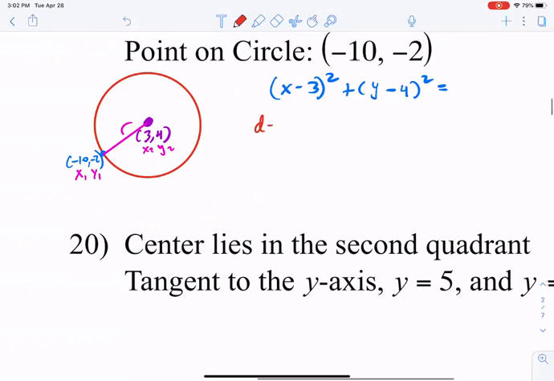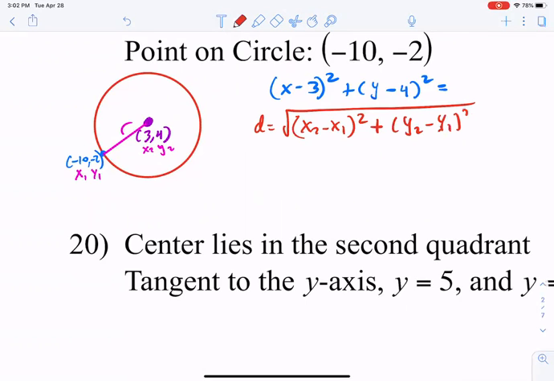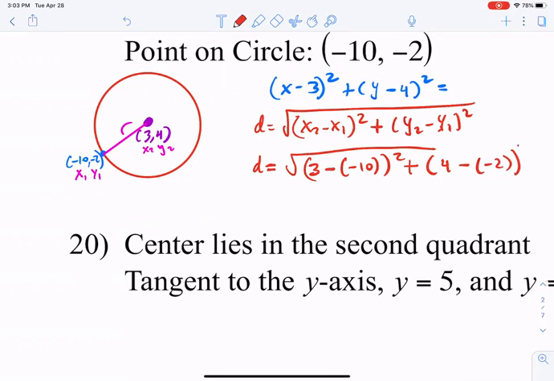So if I use my distance formula, the square root of (x2 - x1)² + (y2 - y1)². Now I need to identify which one is x1, y1, x2, y2. So the distance equals the square root of (x2, which is 3, minus x1, which is -10)² plus (y2, which is 4, minus y1, which is -2)².